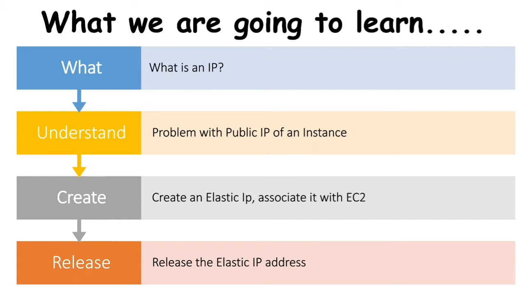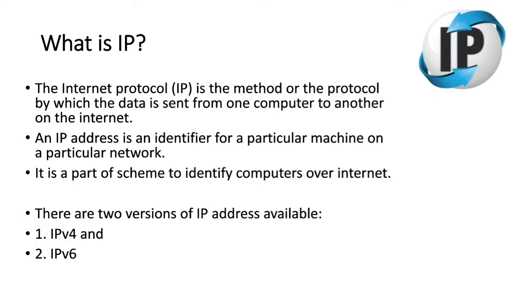So without wasting time, let's first have an introduction of what we really understand by an IP. The internet protocol is the method or the protocol by which data is sent from one computer to another over the internet. An IP address is a part of this protocol only. It acts as an identifier for a particular machine in a network, right?